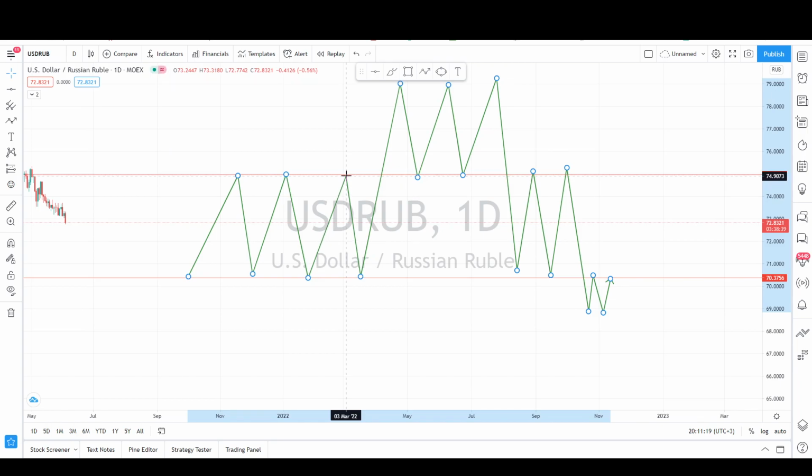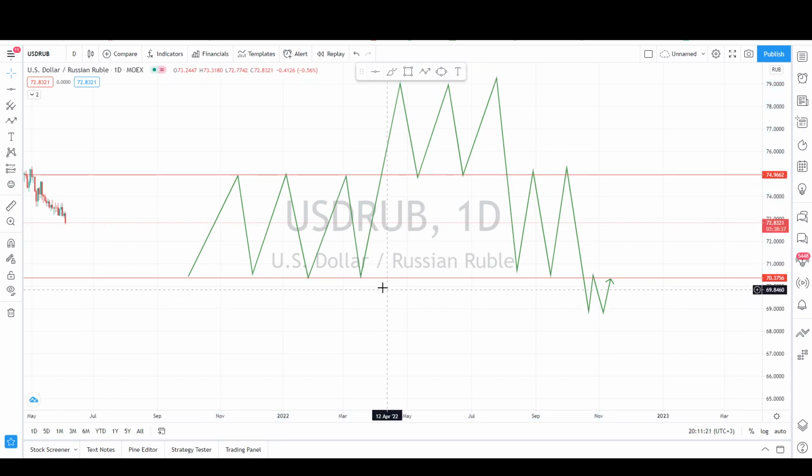This is just for educational purposes. So anytime the market hits a resistance, we will be expecting it to move downwards, and anytime the market hits the support, we will be expecting it to go upwards.